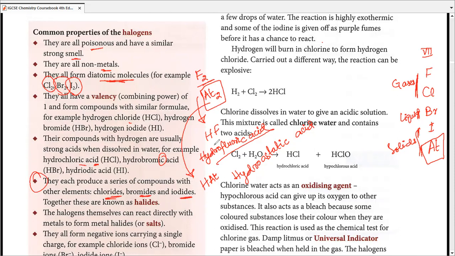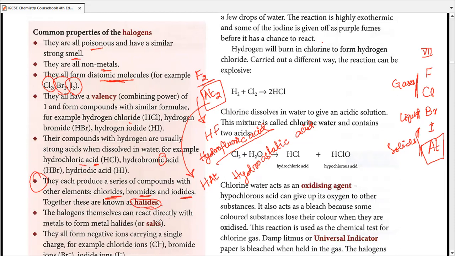Astatide. Perfect. Together, they're all known as halides. Chlorine, chloride, bromine, bromide, iodine, iodide, fluorine, fluoride, astatine, astatide, but halogens, halide. Halide means we might be talking about fluoride, chloride, bromide, iodide, or astatide.